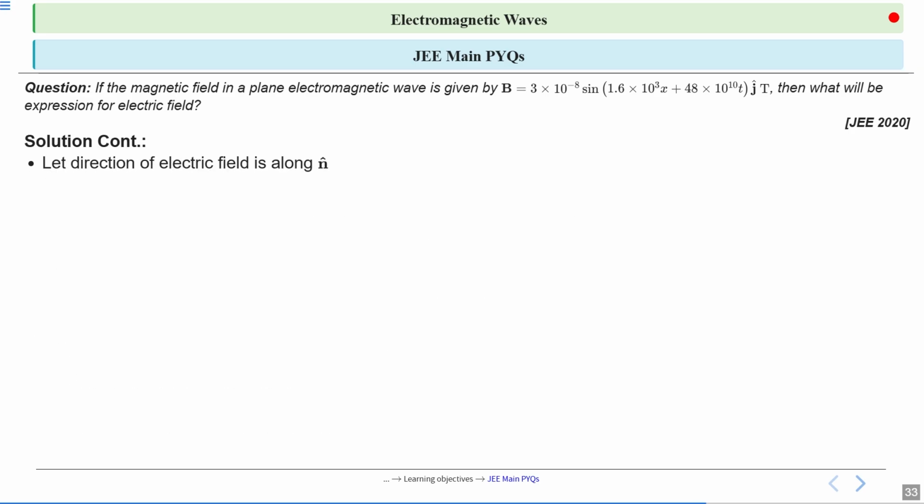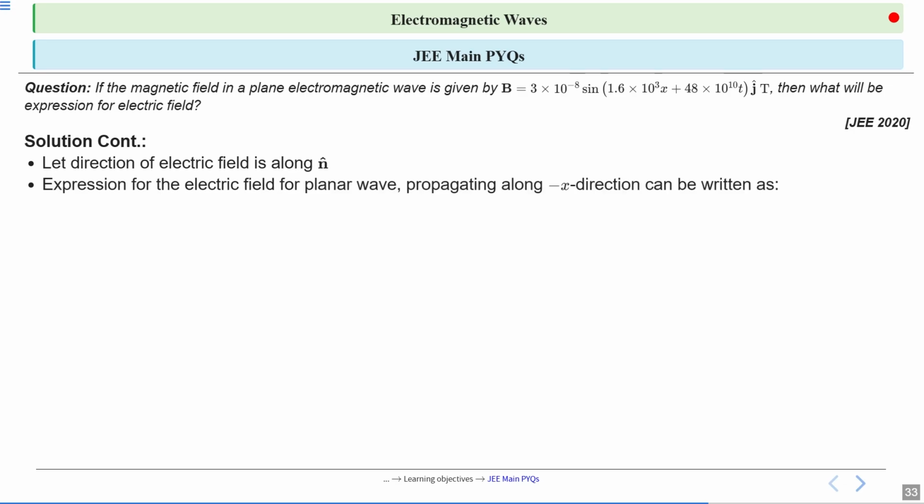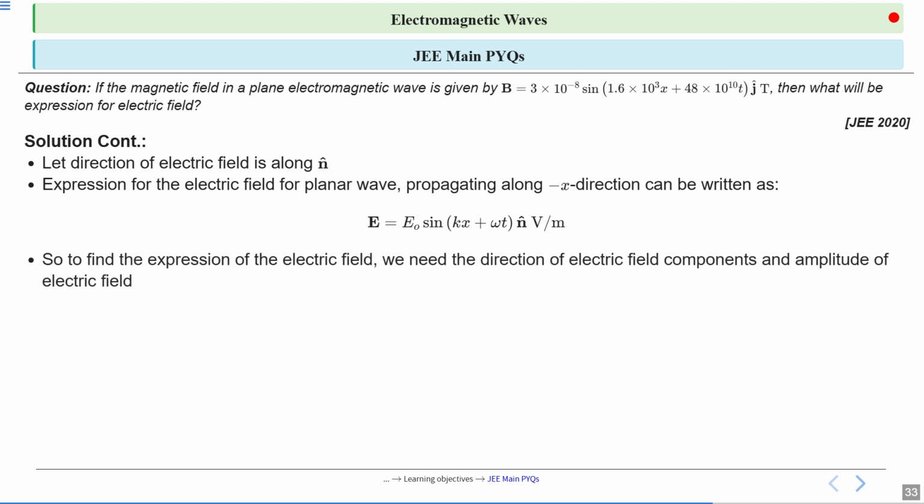Let the direction of electric field be along n cap. You have to assume the direction of electric field is along n cap. So the expression for electric field for a plane wave is E equal to E naught sine (kx plus omega t) n cap volt per meter. To find the expression of the electric field, we need the direction of electric field components and amplitude of electric field.